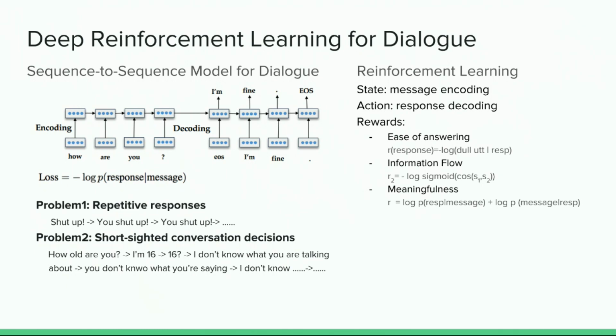They define ease of answering as the log probability of a dull utterance given the response, and they define information flow to avoid this repetitiveness. They define the reward of information flow as the negative log of the cosine similarity between two utterances. And they also define meaningfulness as the conditional log probability given message and response.